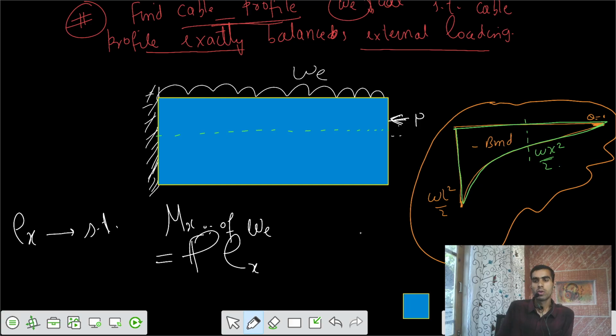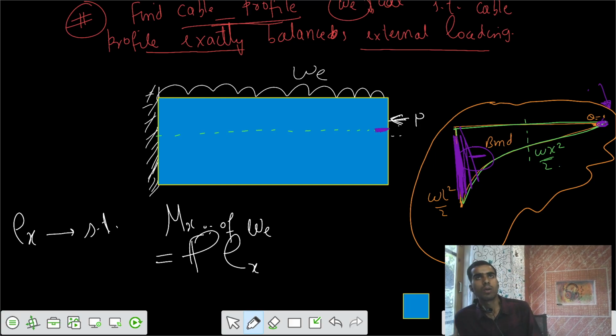Because the moment at the free end is 0, the eccentricity there should be 0, and because the moment at the fixed end is maximum and hogging, I have to ensure that the cable develops a sagging moment at that end.